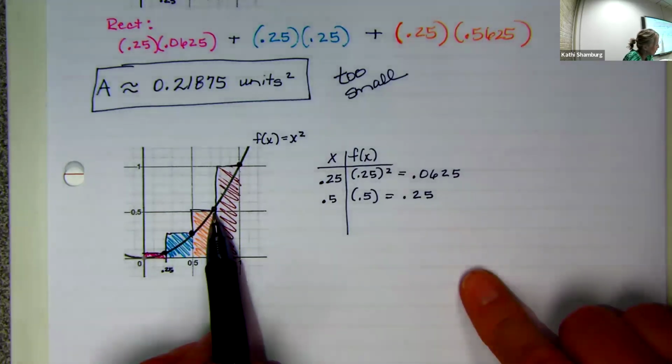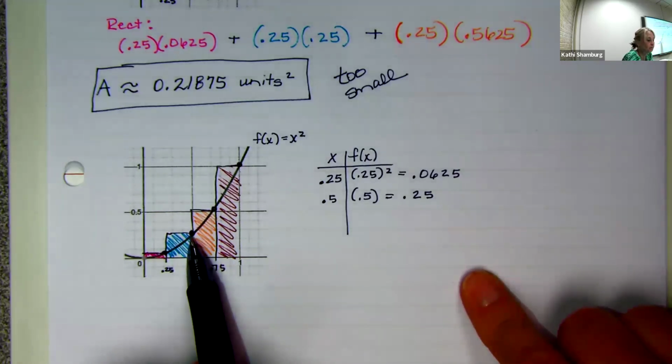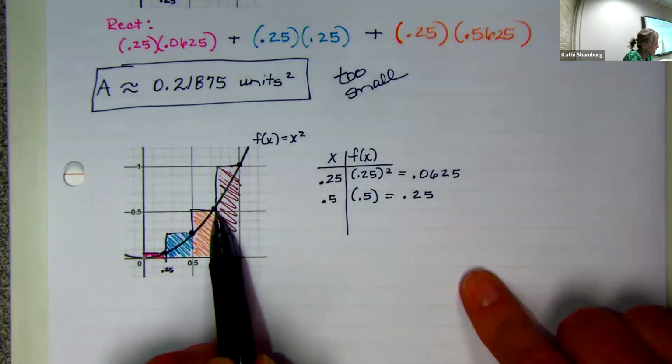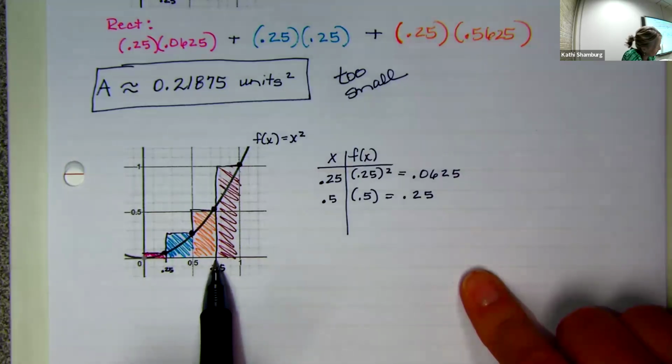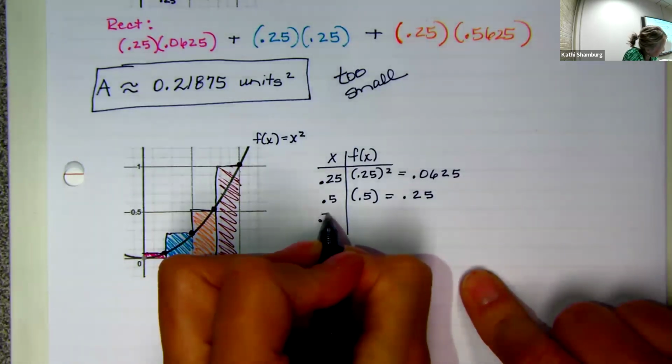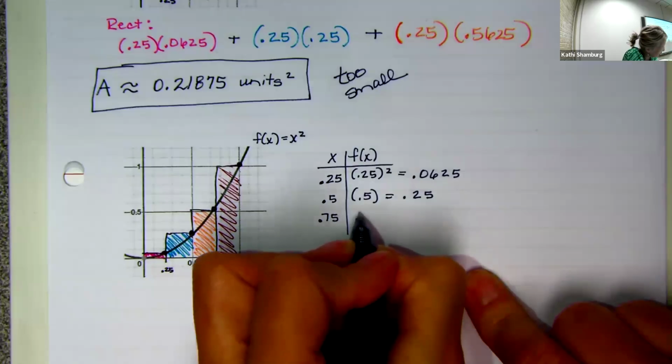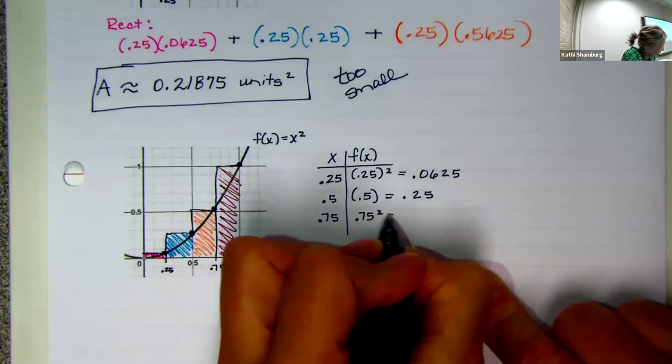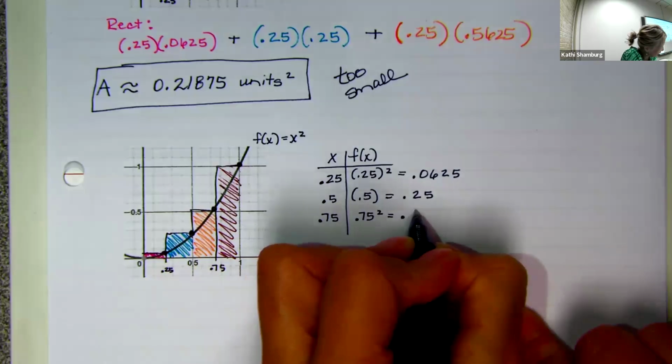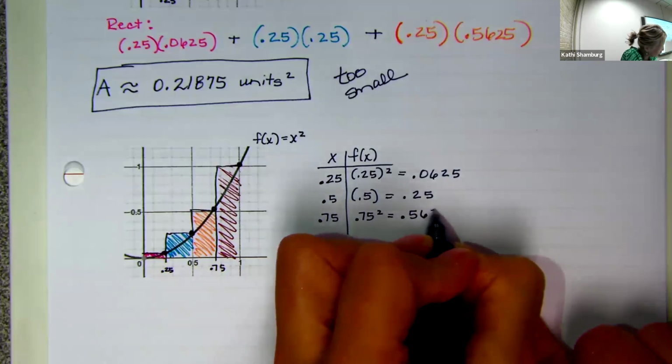And that's the ordered pair for this point right here. Then we want to find the ordered pair for this point here. So it goes over 0.75. And then we're going to use the given equation. We're going to square that. And again, we did that last week, and that's 0.5625.